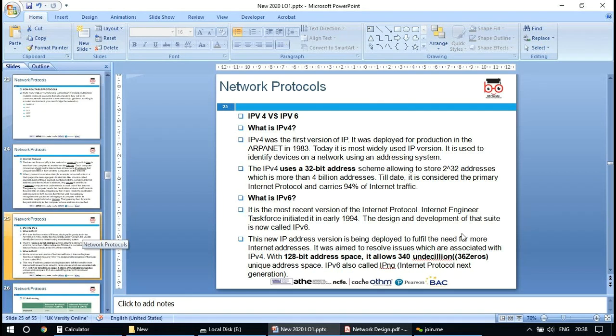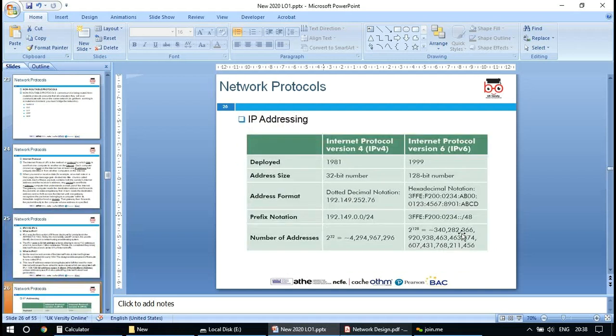Is it okay if I move to the next? Yeah, that's fine. So here is a comparison chart. IPv4 was introduced in 1981, IPv6 in 1999.